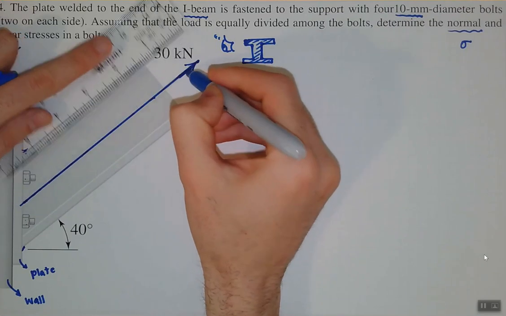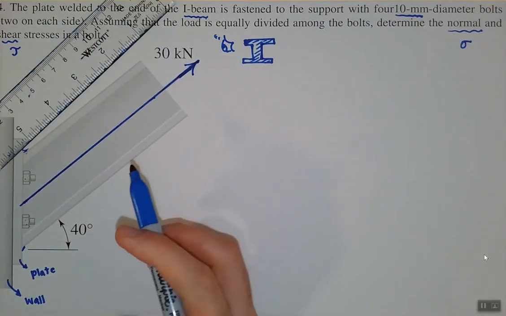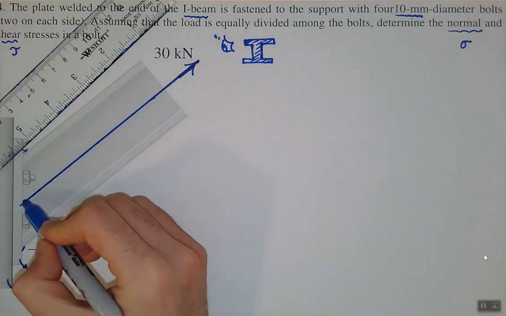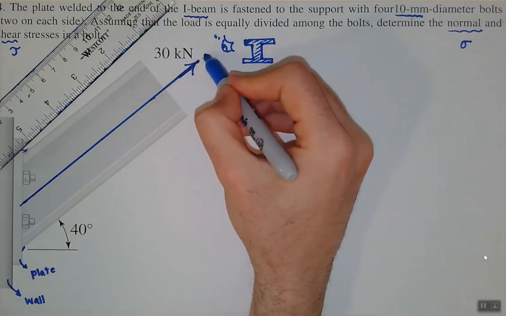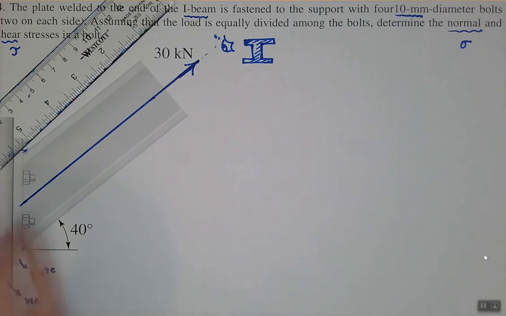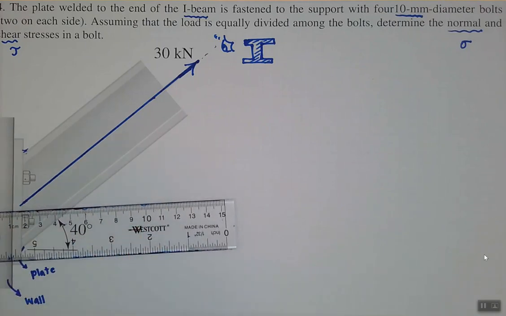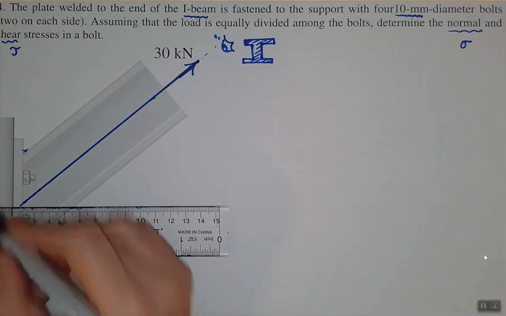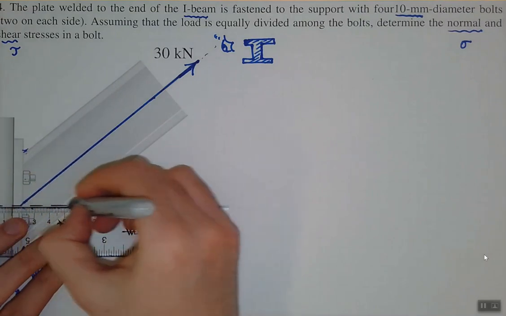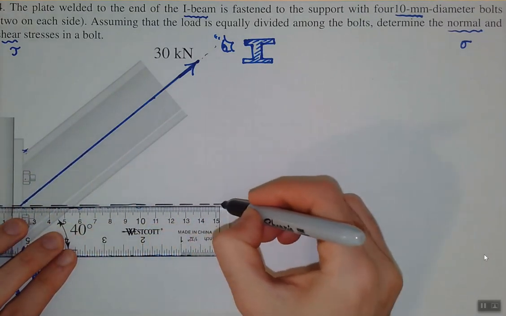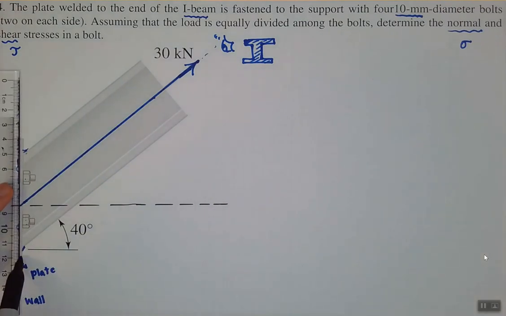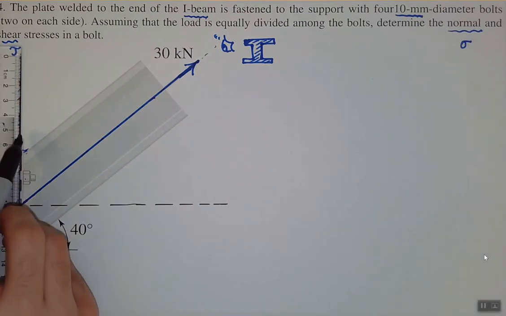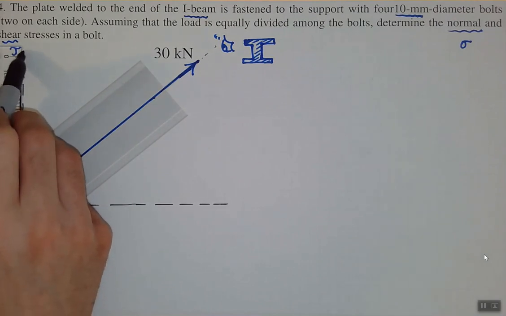Always remember, when we have a rigid part, we are allowed to move the load to any point along its line of action, right? Then, in order for me to understand the problem better, I prefer to find the components of this load, which again is not difficult. We know how to do that. Let's call this direction X, and let's call this direction the Y direction, right? Or the horizontal and vertical directions.